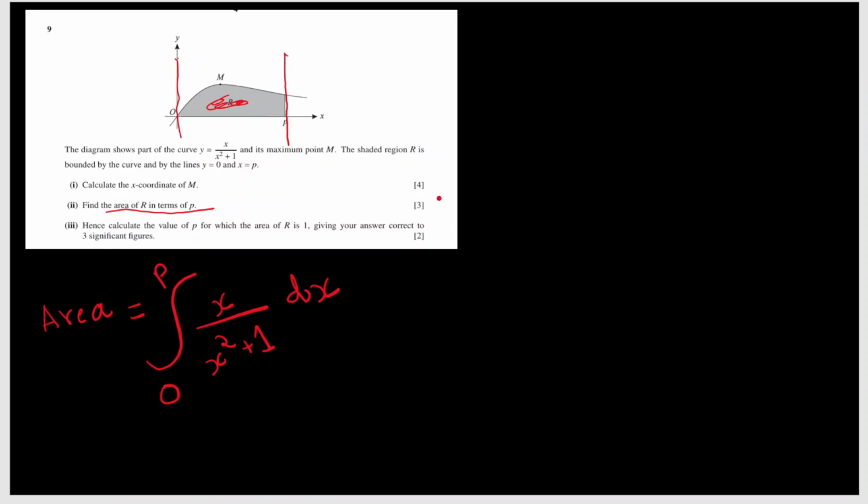So now you should know this from before, way before, what is this, x over x square plus 1.